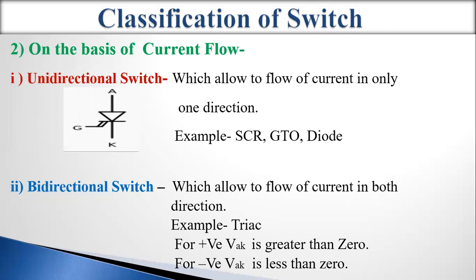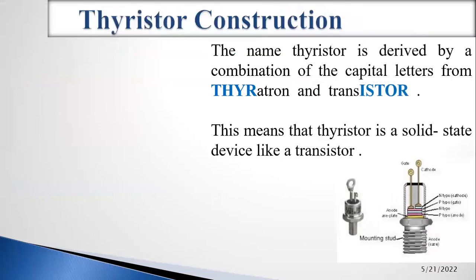For positive voltage, VAK is greater than 0, and for negative, VAK is less than 0. So the triac is an example of a bidirectional switch. These are the basic concepts regarding the different categories of switches.